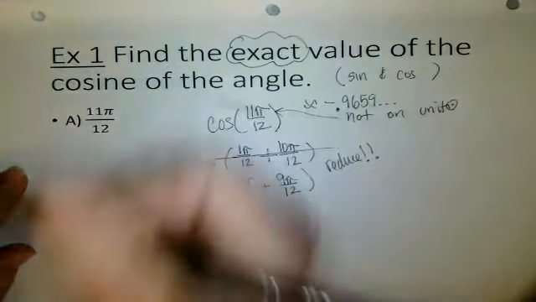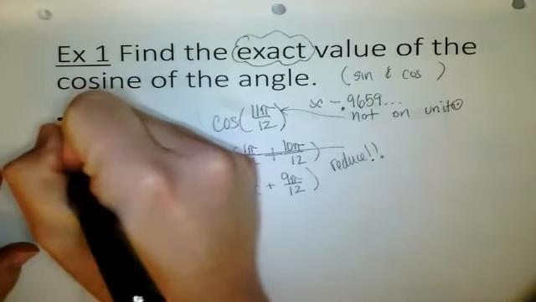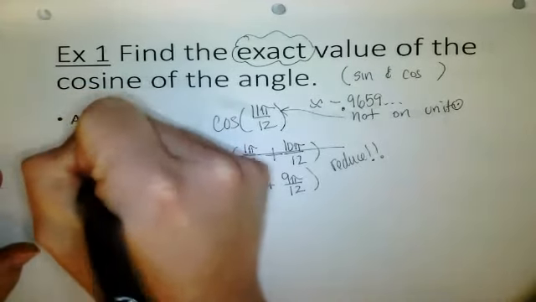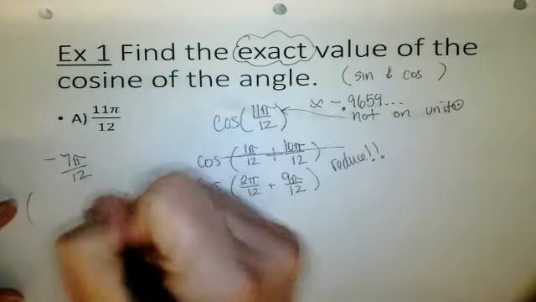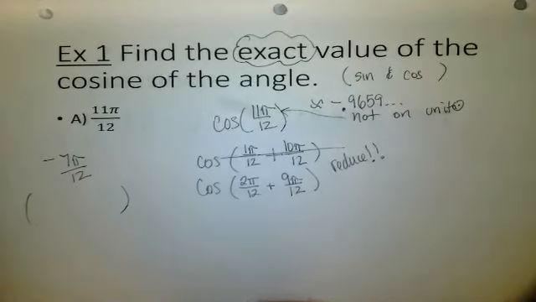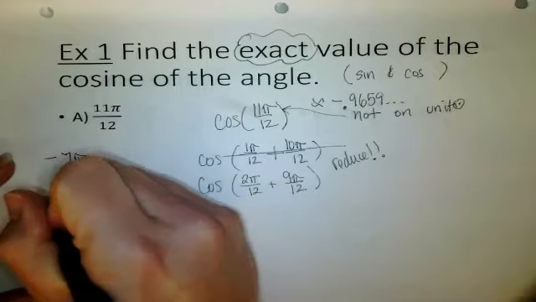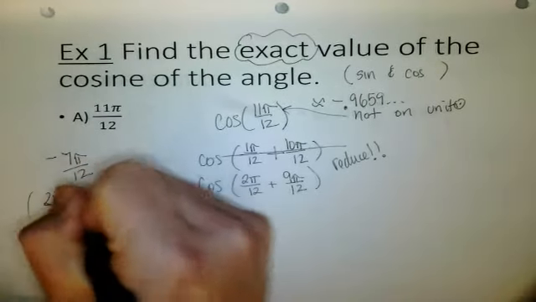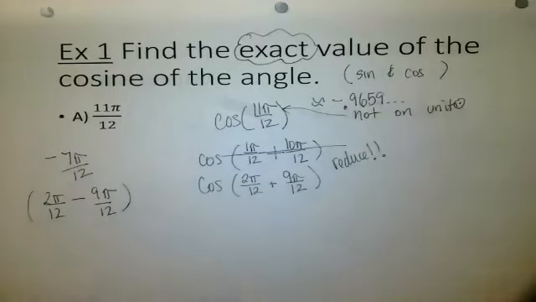On a side note, because a lot of students ask this first period, what if it was negative 7 pi over 12, subtracting? We want to think of two things that would give us negative 7 pi over 12. 2 pi over 12 minus 9 pi over 12 would give you negative 7 pi over 12, right?